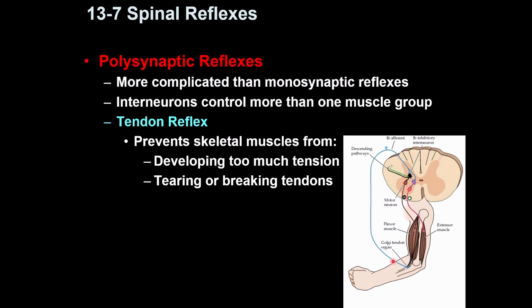There's too much pressure there, and sensory signals are sent to the spinal cord. This is the cell body outside of the CNS, and sensory information goes to the dorsal horn, and you have the interneurons here, and then it connects with the motor neuron.